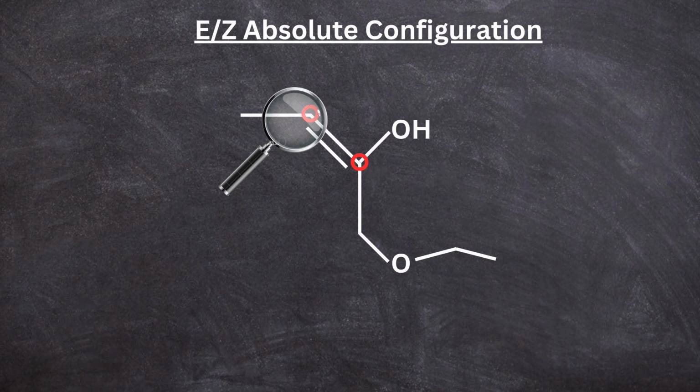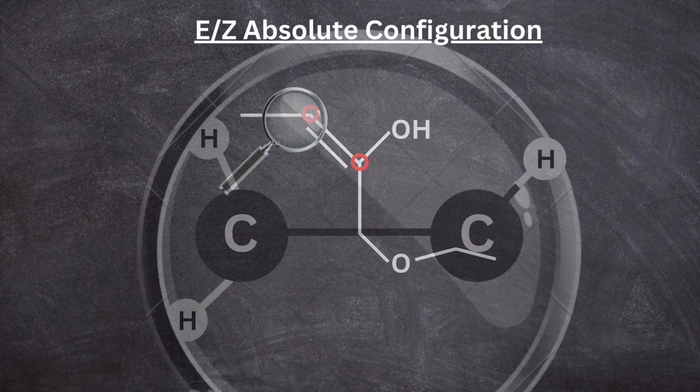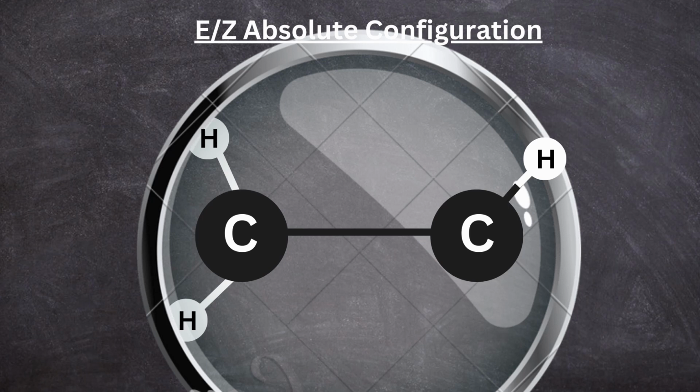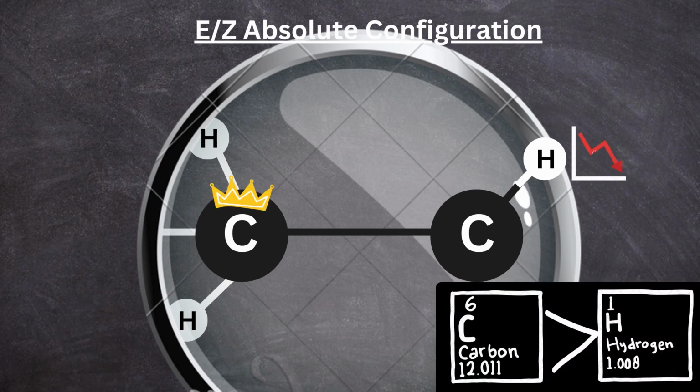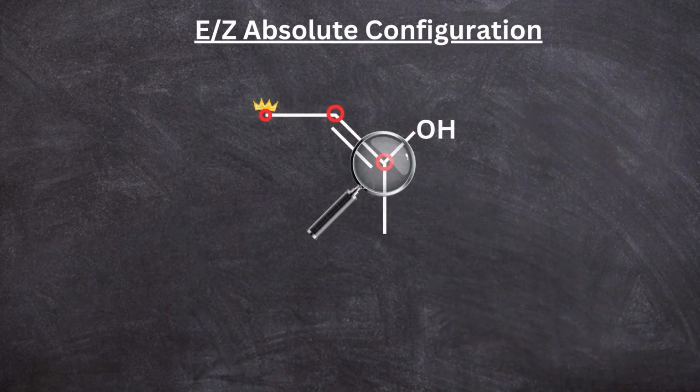First, take this carbon. If you magnify it, you can see that this carbon is attached to a carbon group and the implied hydrogens. Here, the carbon is the priority because it's heavier than the implied hydrogen. Then we go to the other side with the other carbon atom and we look at what it's attached to.